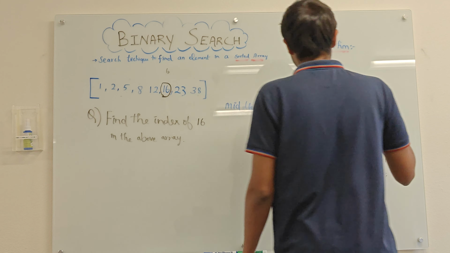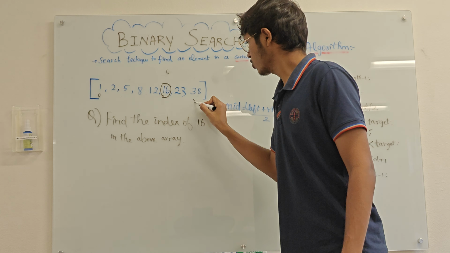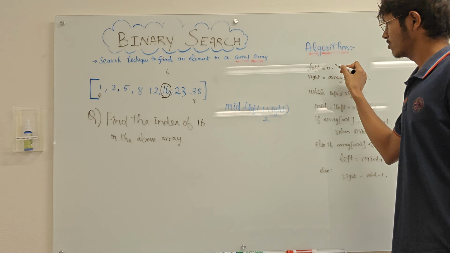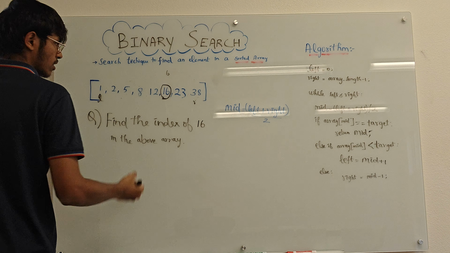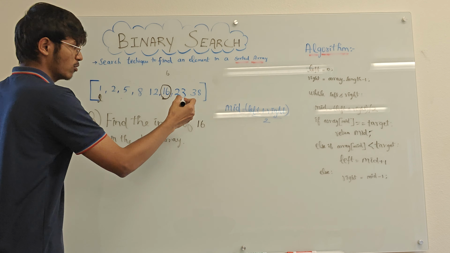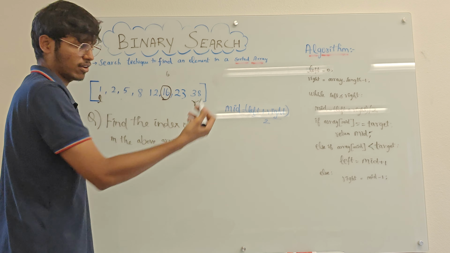The algorithm is something like this: we define a left pointer and a right pointer. The left pointer is initialized to the 0th index, and the right pointer is initialized to the last index, which is the length of the array minus 1.